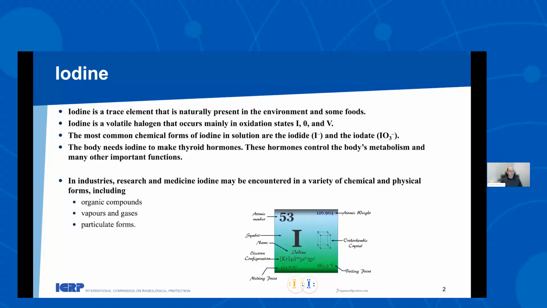Our body needs iodine for normal functioning, for synthesis of thyroid hormones, and these hormones control body metabolism and many other important functions. In industry and medicine, iodine may be encountered in varied chemical forms like organic compounds, vapors, gases, and particulate forms.